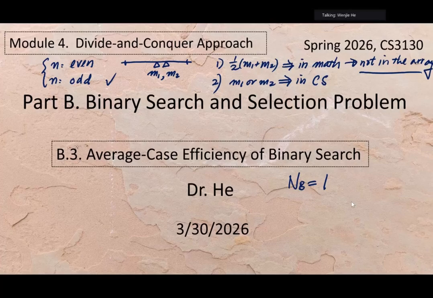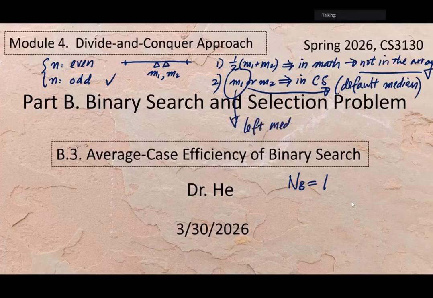People don't like that; people want certainty. In order to get certainty, M1 is the default median. M1 we call the left median, M2 the right median.